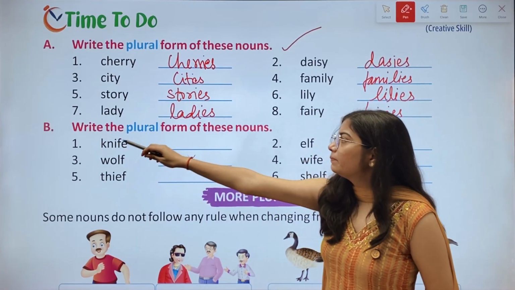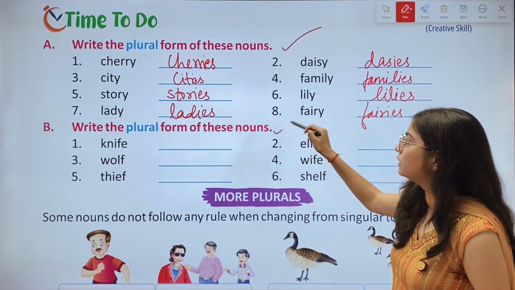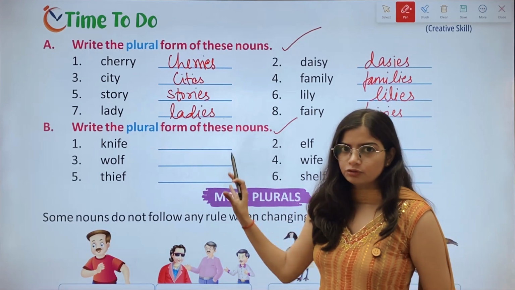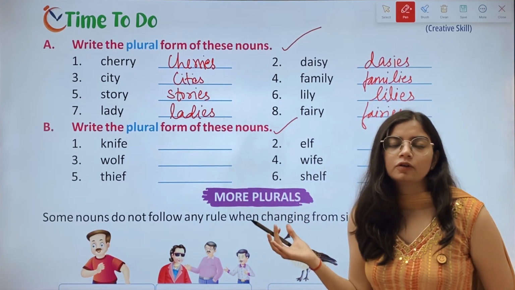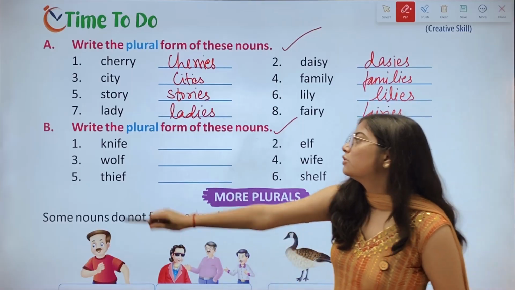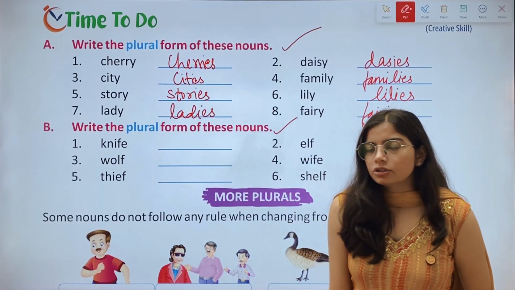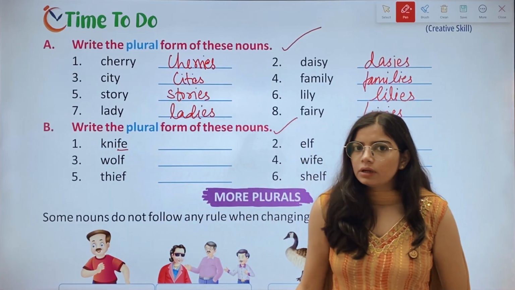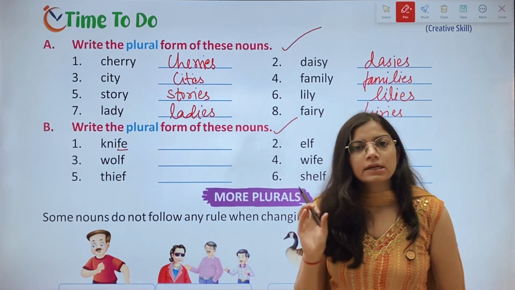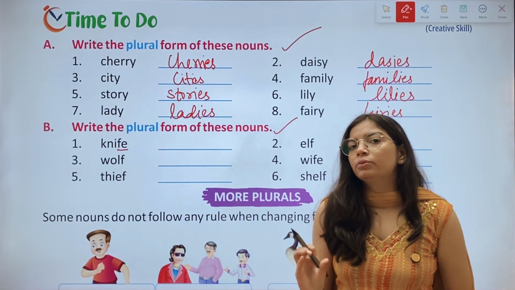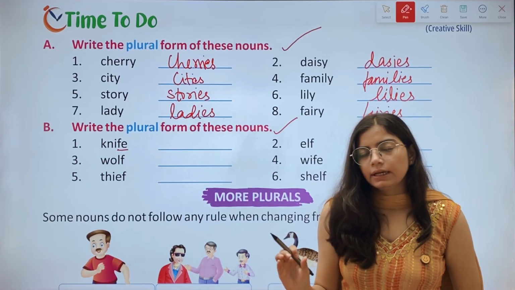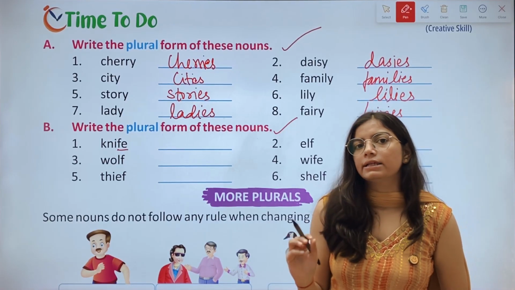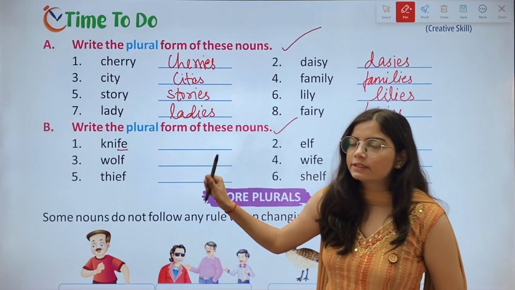Then we have B, write the plural form of these nouns. So we have to write again the plural form of some of the nouns. First, knife. So it ends with letters F and E. So we'll remove F and E and add VES, which makes it knives.